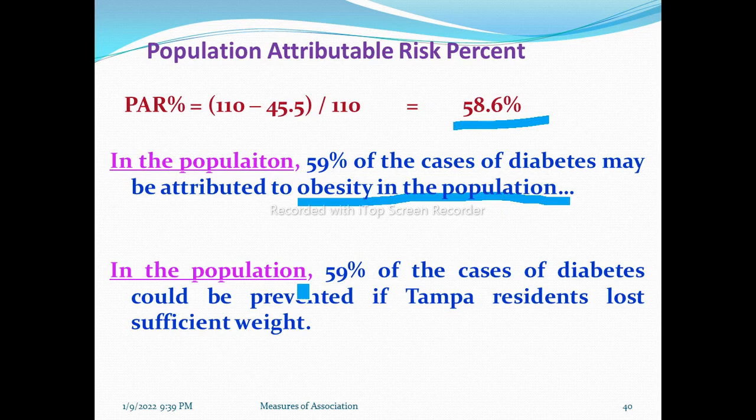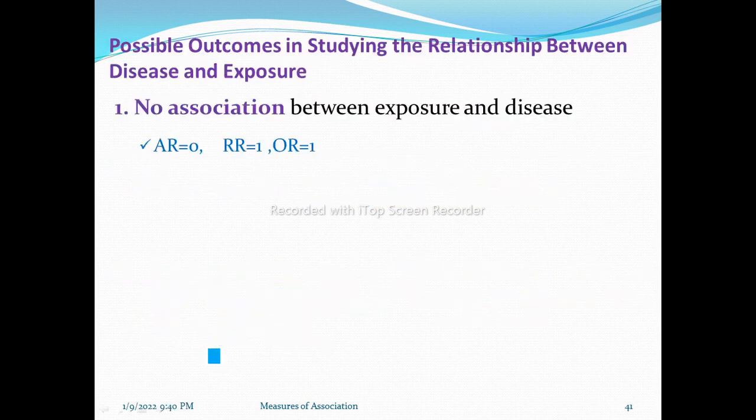So 59% of the cases of diabetes could be prevented or averted if Tampa residents lost sufficient weight. So if that population lost weight, 59% of diabetes would be prevented. So this is an important parameter.